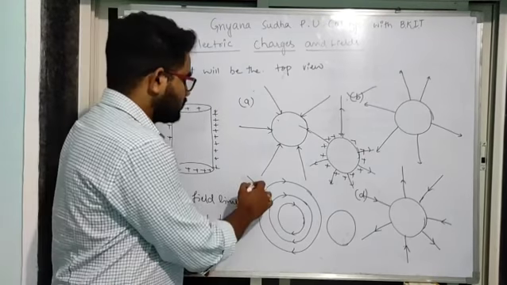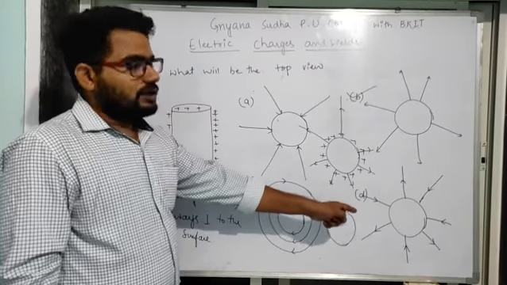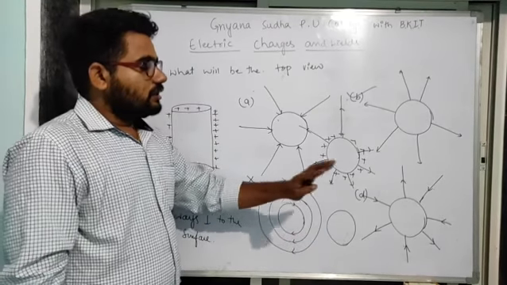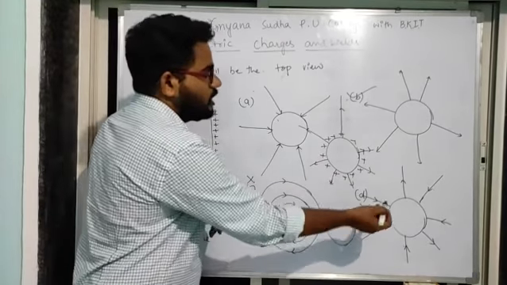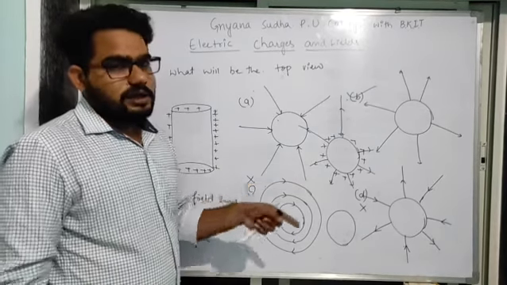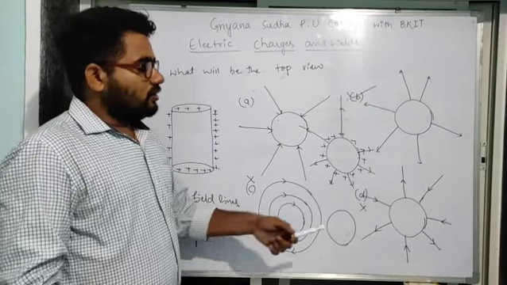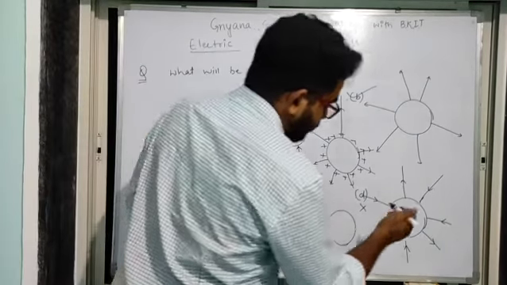So that's why the third is also wrong. And the fourth one is getting outward and one is getting inward. So that is also wrong, because whether it is a positive charge or a negative charge, the electric field lines will go in only one direction.